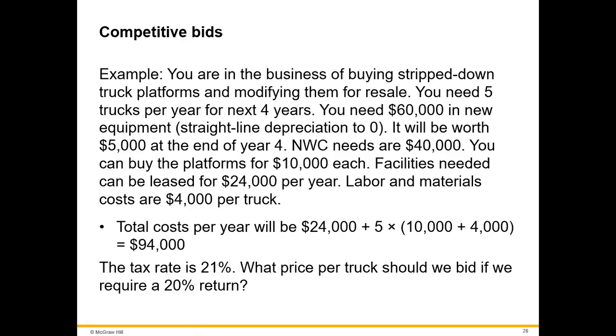Net working capital needs are $40,000. You can buy the platforms for $10,000 each. Facilities needed can be leased for $24,000 per year. Labor and materials costs are $4,000 per year per truck. So a whole bunch of information, and I believe this one is in your book on page.